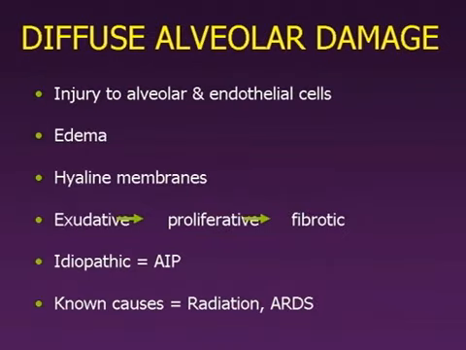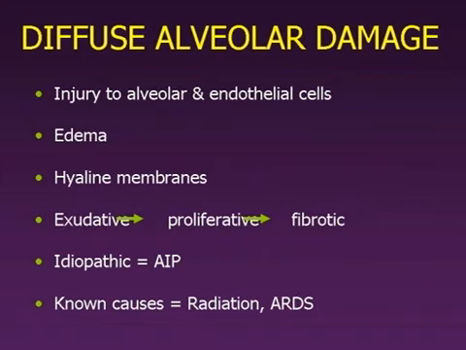Not to focus too much on the pathology, but diffuse alveolar damage is one of the relatively limited responses of the lung to injury. When there's injury to the alveolar and endothelial cells and edema formation, hyaline membranes form, and with DAD you go through an exudative, proliferative, and then a fibrotic stage, which is typical of many insults to the lung.